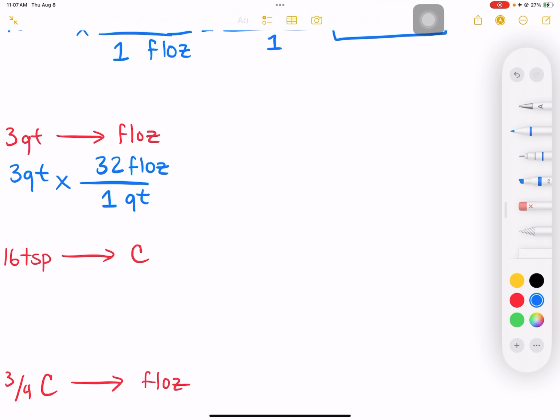Quarts cancel out. So my result is 3 times 32, so multiply tops and divide by the bottom. And this result, if I do it in the calculator, is going to be equal to 96 fluid ounces.